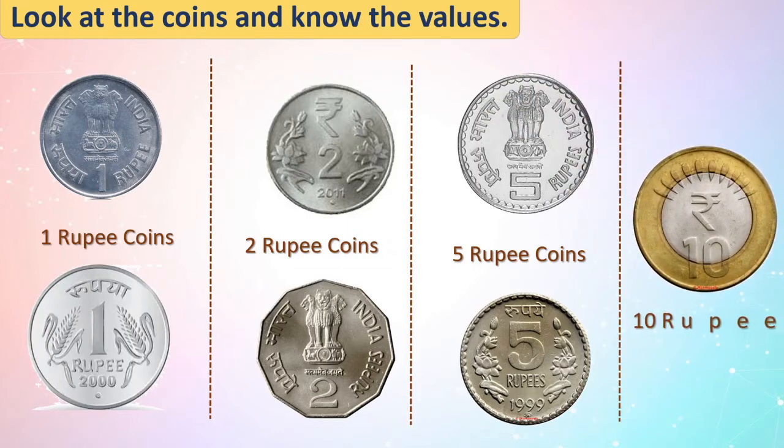This is a new coin. 10 rupee coin. Got this? Children, these all coins are familiar to you. You handle them, right? You go to the shop and you give these coins to the shopkeeper and you purchase small articles, whatever you need, right?